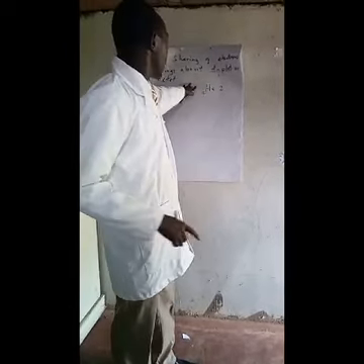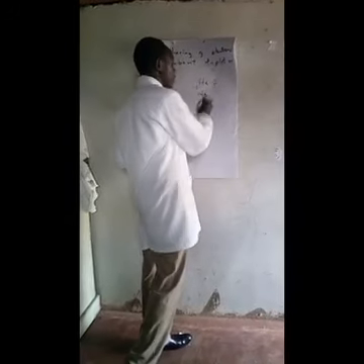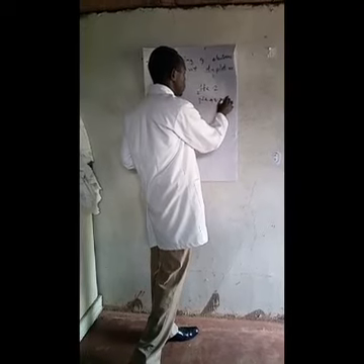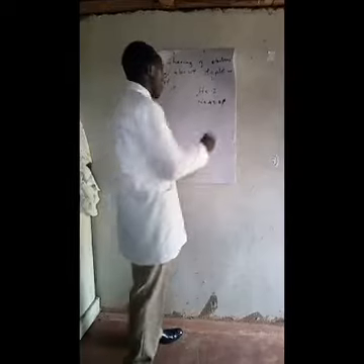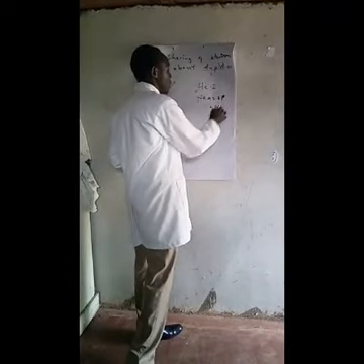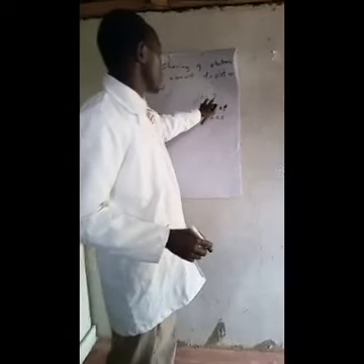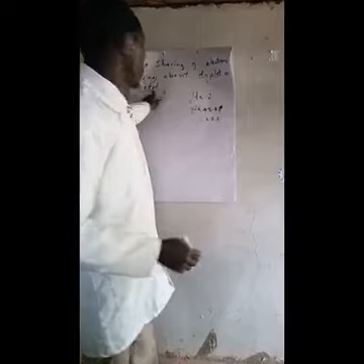All the other elements have an octet, like neon, which is 2.8. For the first 20 elements, if the outermost energy level is beyond 2, then it has 8 electrons. That is called a stable octet.